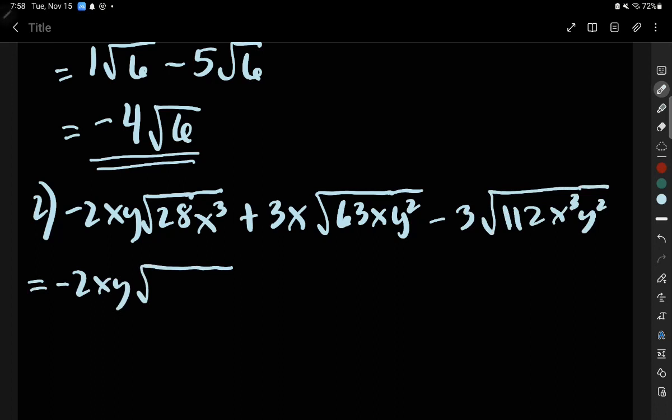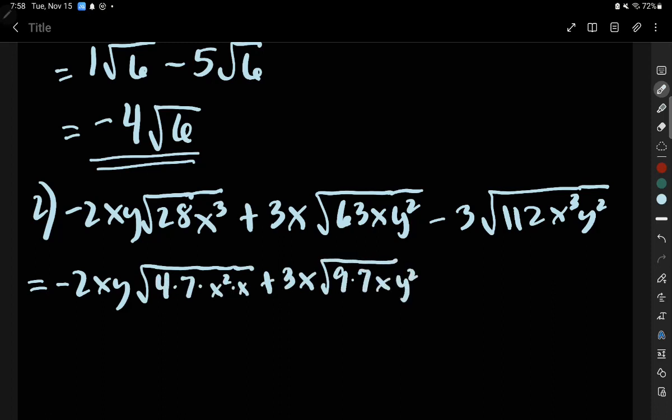So we can separate 28 into 4 times 7. X cubed can be written as x squared times x, so that the x squared can be taken out. And then copy plus 3x square root of 63, which can be written as 9 times 7, then x and then y squared.